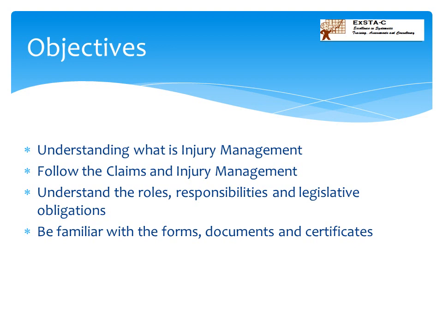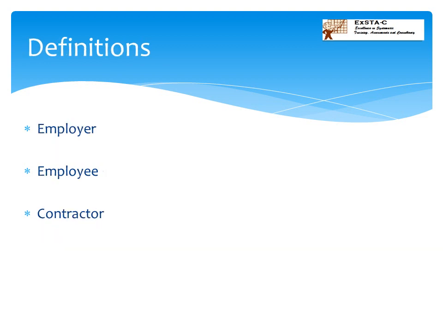A few examples are the organisation, otherwise referred to as the employer, injured person or employee, nominated treating doctor and WorkCover WA. You should be able to understand the legislative obligations through best practice, and be familiar with the forms, documents and certificates that are part of the injury management process, for example, first, progress and final medical certificates, Part 2B Workers' Compensation Claim Form, Employee Consent Form and 15G, Intent to Terminate.